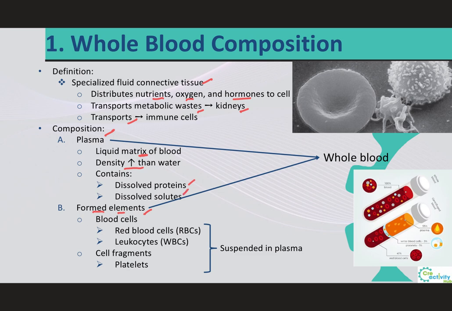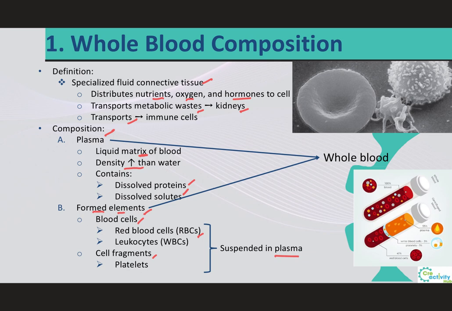With regards to the formed elements, they're made up of the actual blood cells and cell fragments that are going to be suspended in the plasma. And all these elements are present in great abundance, and they're going to be highly specialized. Just to mention a generalized function of these cells and fragments, we can say that the red blood cells, for example, will transport oxygen and carbon dioxide.